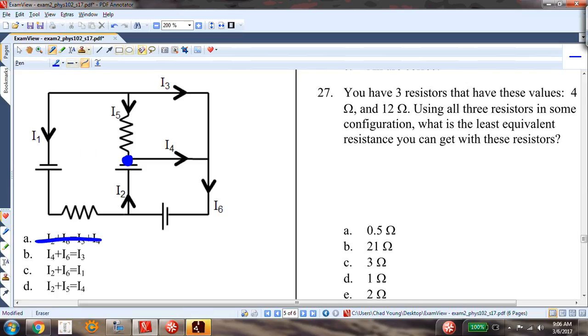This isn't correct because we could make it correct: it would just have to be I2 plus I5 equals I4, and that would make it correct. Just several things wrong with that one.